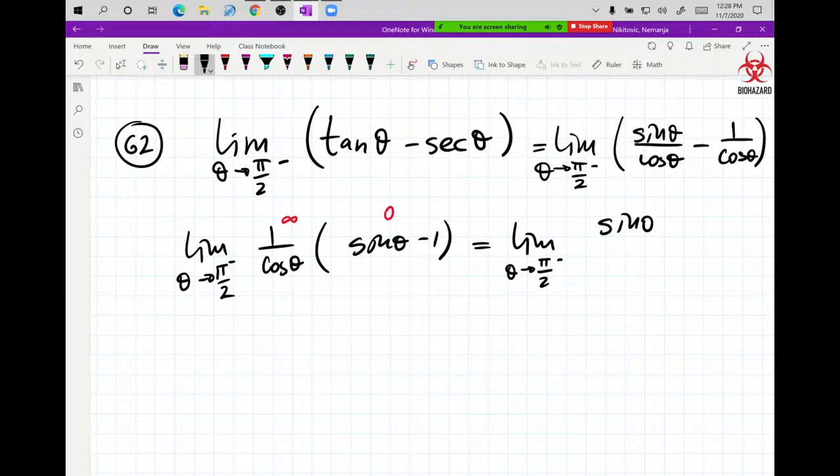I'm going to switch the cosine, and if I write 1 over 1 over cosine, that just works out to be cosine theta over here. And now we have 0 over 0 again, which means hit it with L'Hopital.